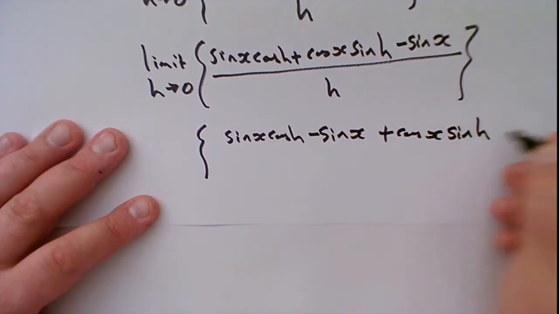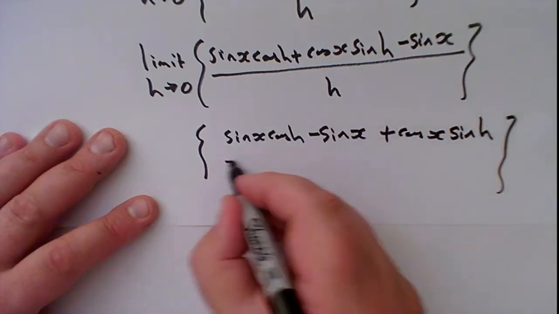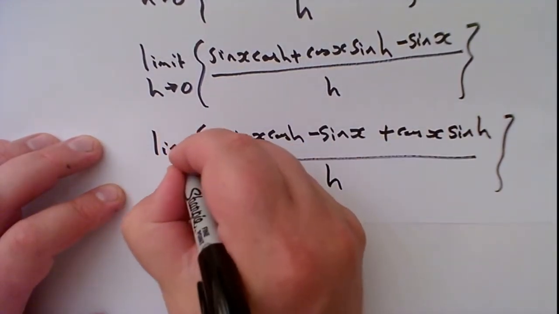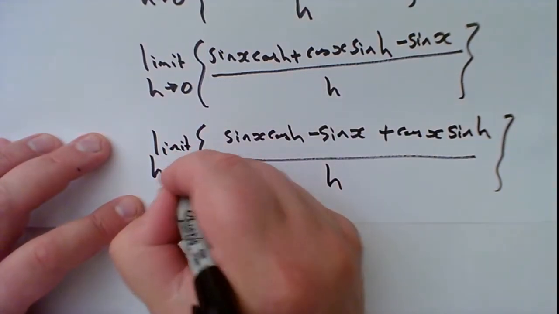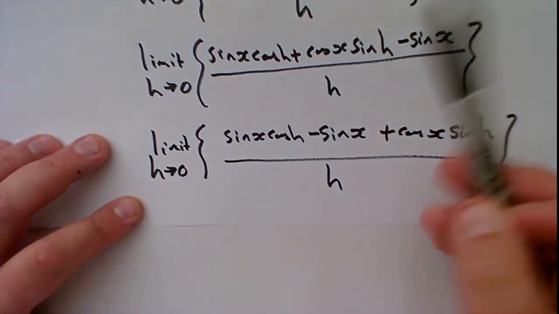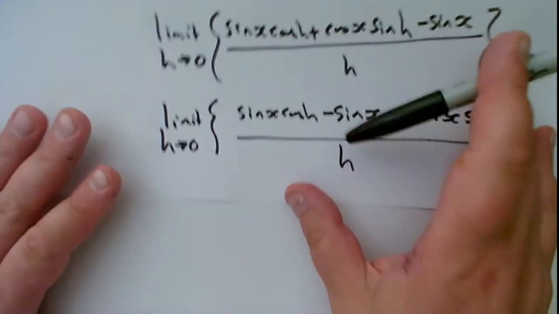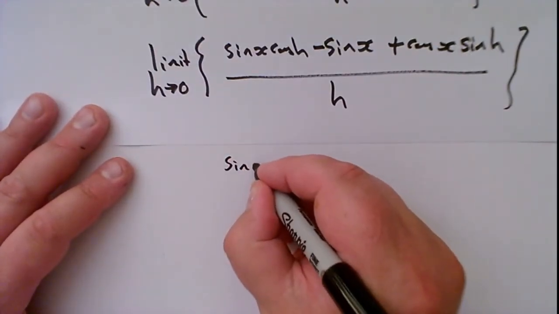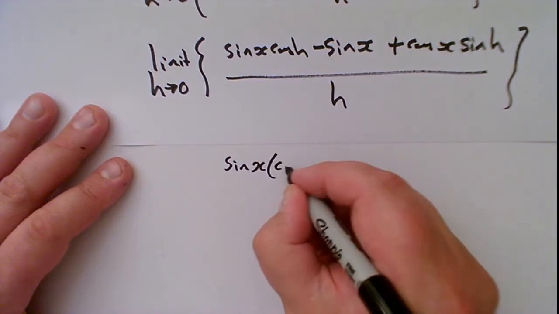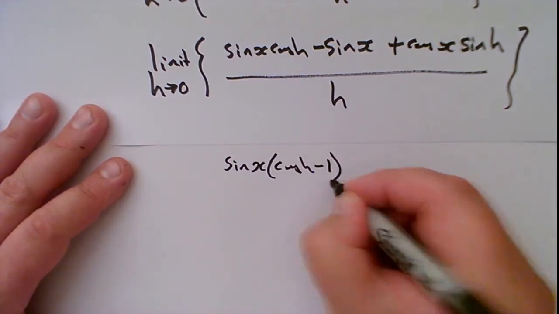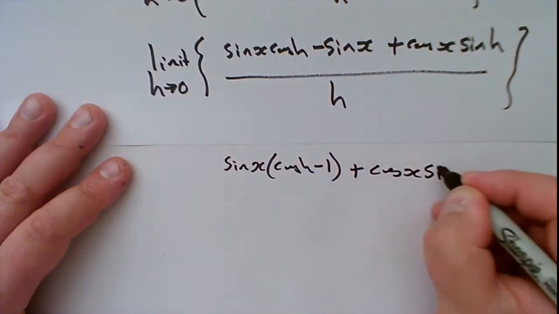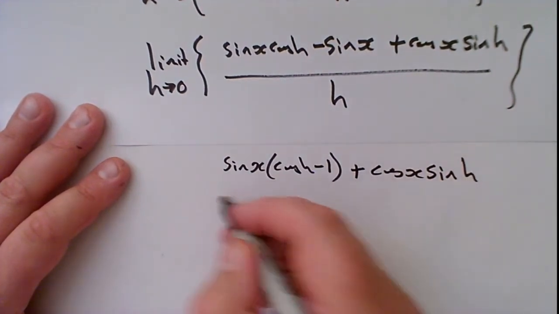You have to be really patient, and it's not hard, it's not conceptually hard at all. It is just a lot to write down each time, but I want those x's together because I want to try to factorize, and I will do. I'll take a factor of sin x out. That gives me cos h minus 1 plus cos x sin h, and that's all over h.